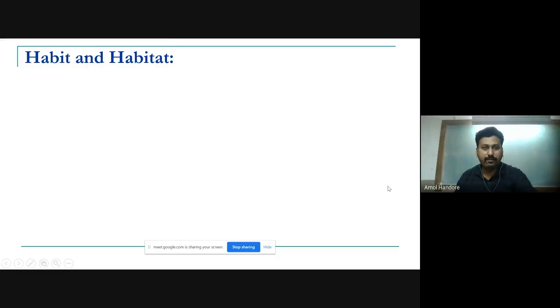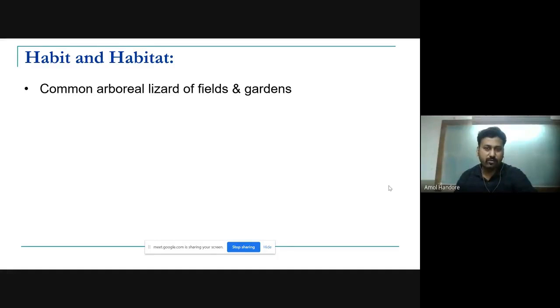Okay, we come to the habit and habitat of Calotes. First of all, it is an arboreal lizard, that means it lives on trees, not on the terrestrial areas. So you find them commonly in agricultural fields or gardens. They are diurnal. What do you mean by diurnal? They are most active during the daytime.